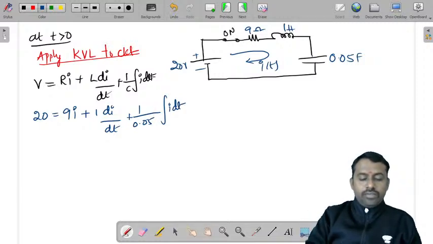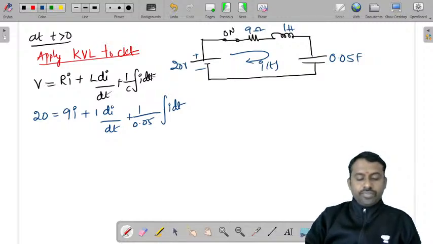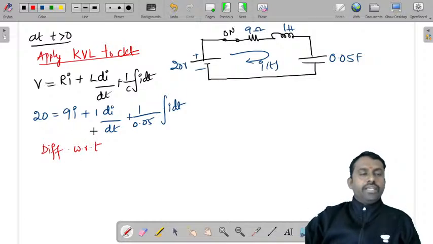Right? Because it is an integro-differential equation, you need to differentiate it. So differentiating with respect to t, what will happen?